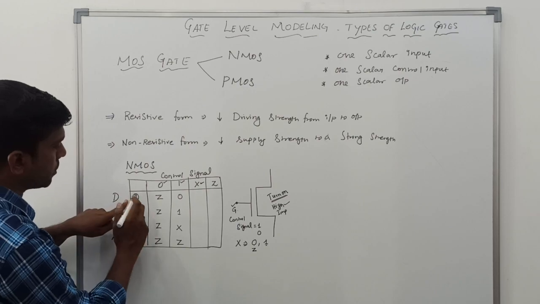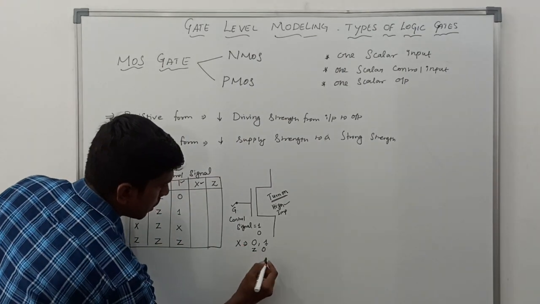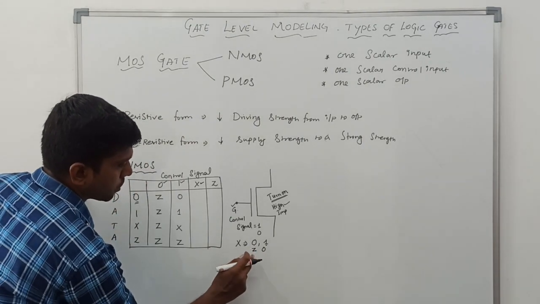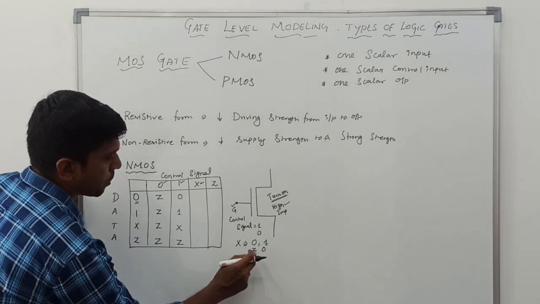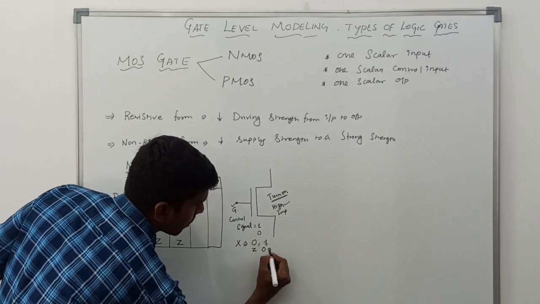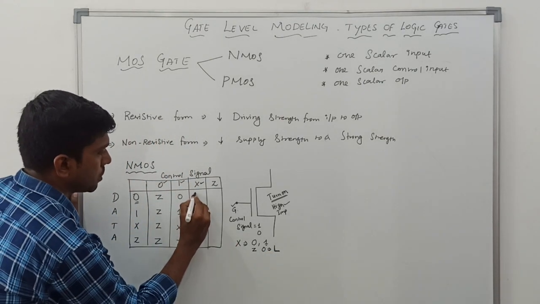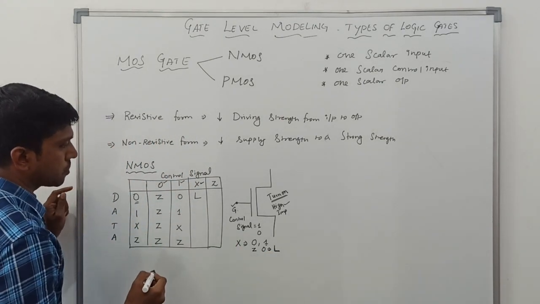Here the input value is 0, so this 0 goes to the output. So Z comma 0, this combination of output is produced by this input. This combination is represented as L, so this output is L.